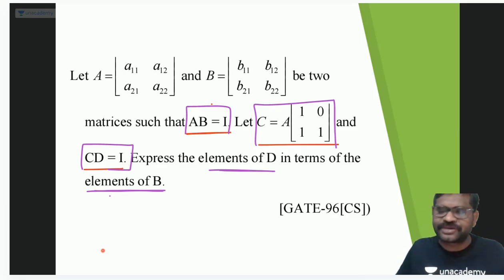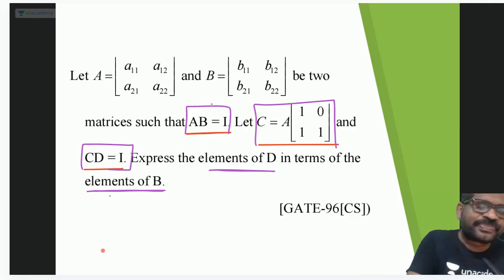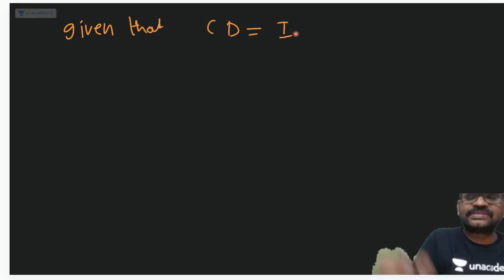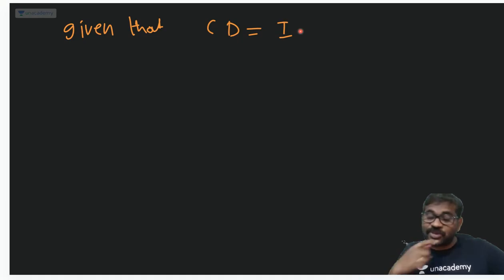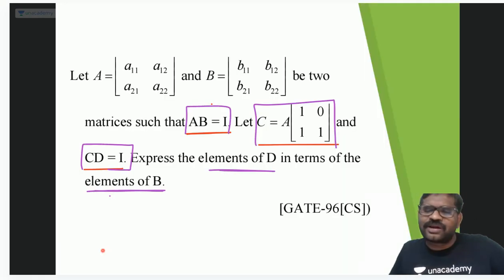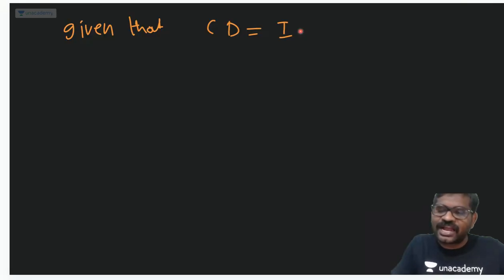Observe here. Concentrate. Given that CD equal to I. Sir, why have you taken CD equal to I? Why not AB equal to I? Why not C equal to A into [1, 0; 1, 1]? I have to write D in terms of B. That's why I have taken CD first. Understand?